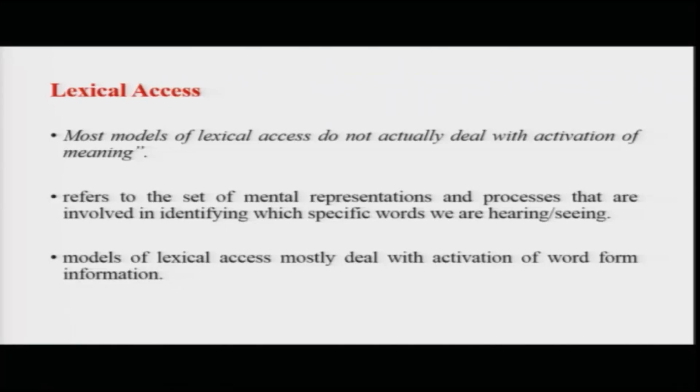Now, we are going to talk only about the part till activation of that form, the part where you have this knowledge that okay, I know this word. That is what lexical access is. So, again, models of lexical access mostly deal with the activation of word form information and not really with the meaning part. The meaning part will obviously happen automatically after this.